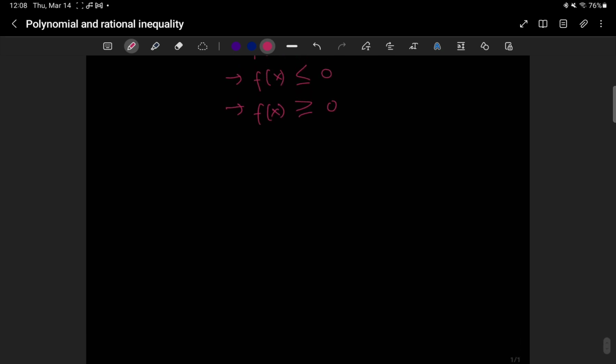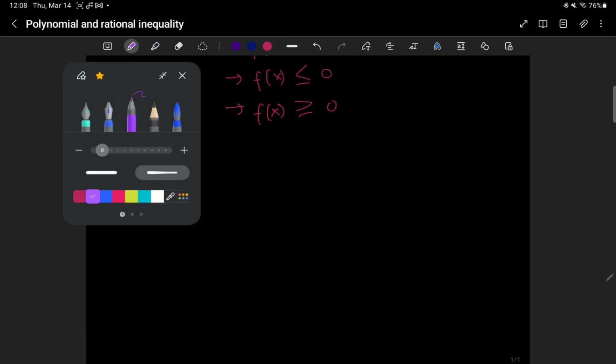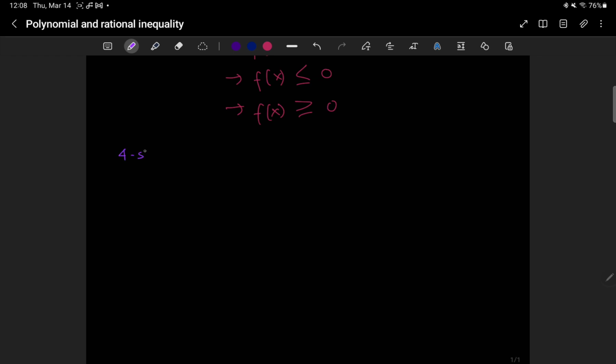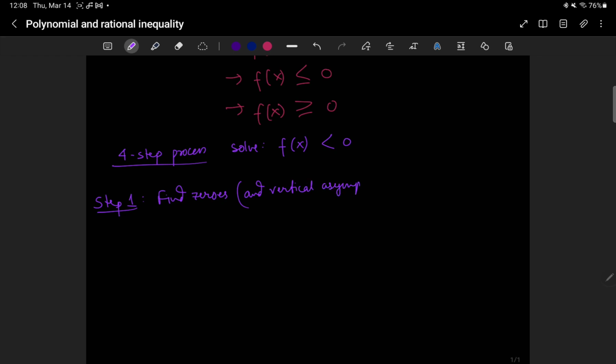Okay, and here's the 4-step process to solve, suppose, any function f of x less than 0 or its equivalent or any of the other inequality. Step 1 is find zeros, and in the rational case, it will be vertical asymptotes.